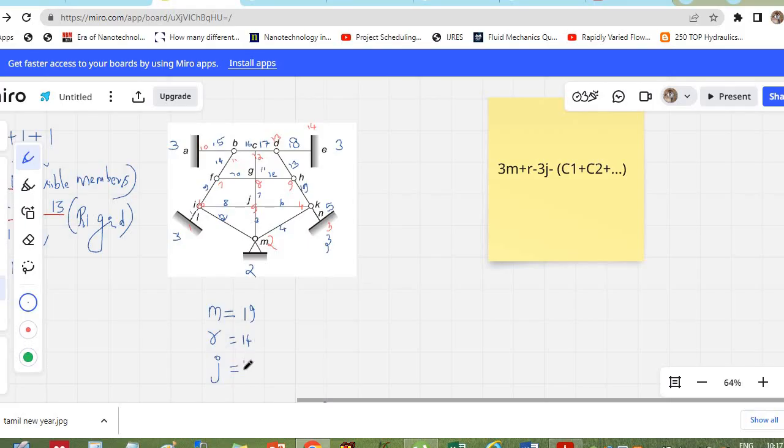The number of joints is 14. So up to this everything is clear.